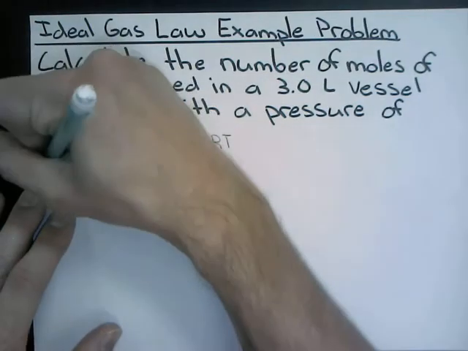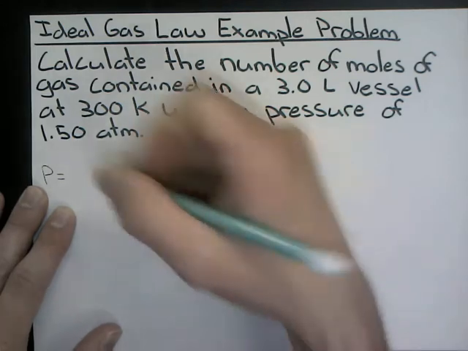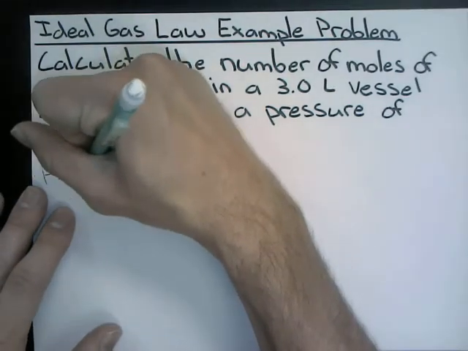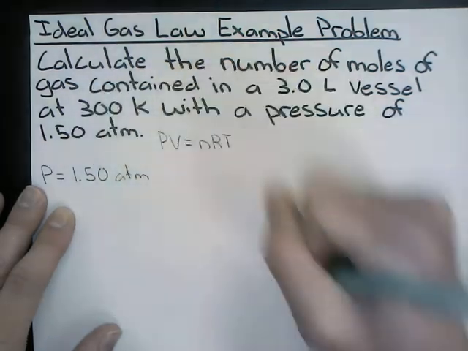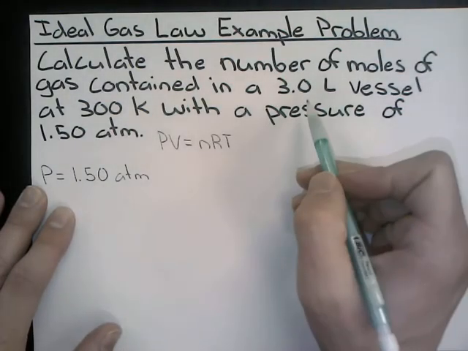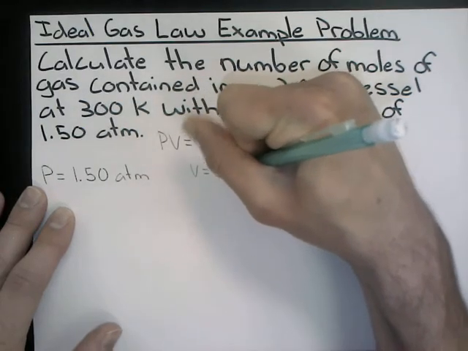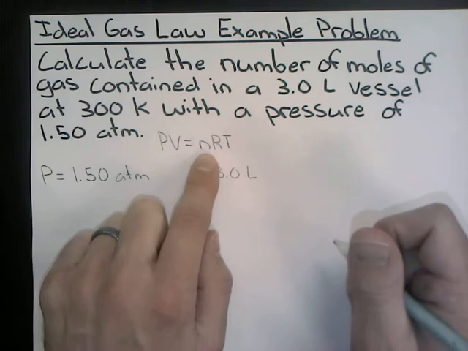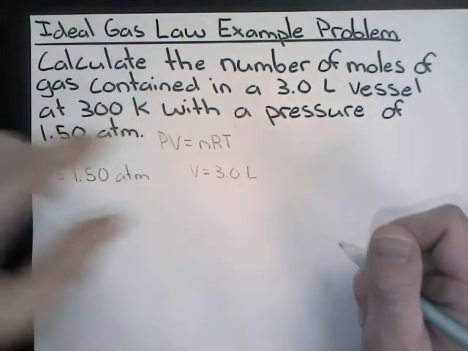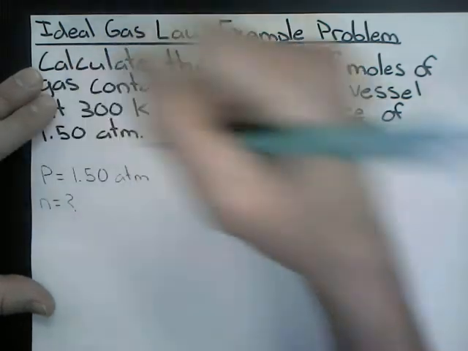So we have our pressure, and if we look here, our pressure is in units of 1.50 atmospheres. Our volume is a 3-liter container for this gas. And then our n. n stands for number of moles of gas, and that's what this problem is trying to find, so our n is actually going to be our question mark.